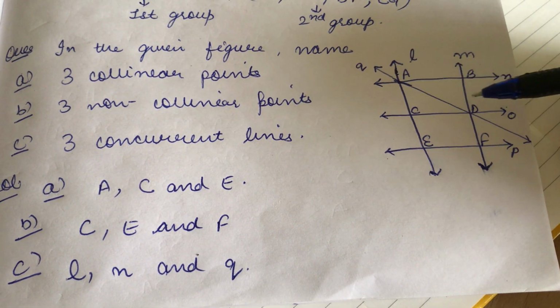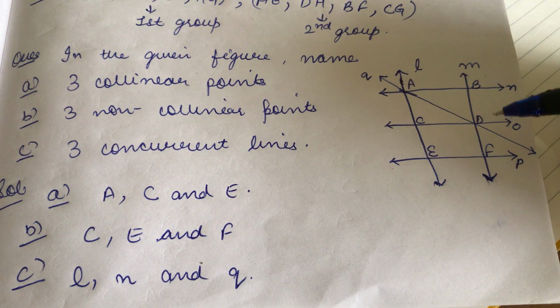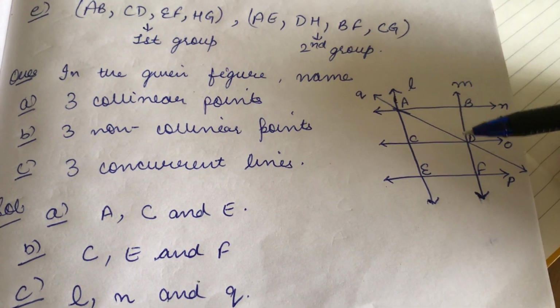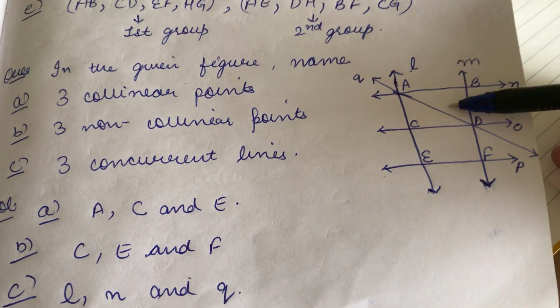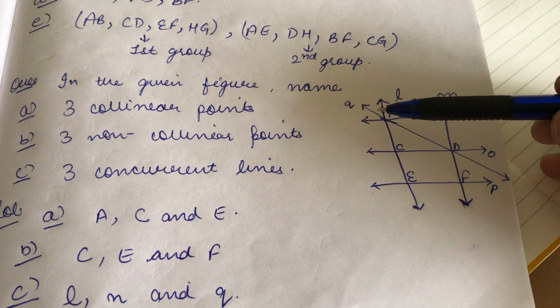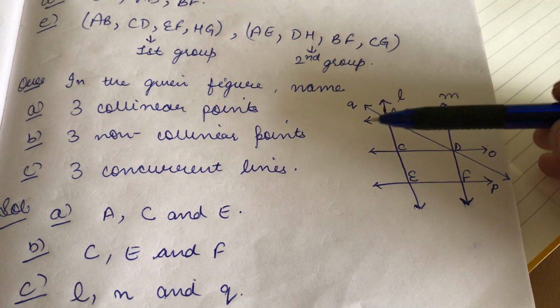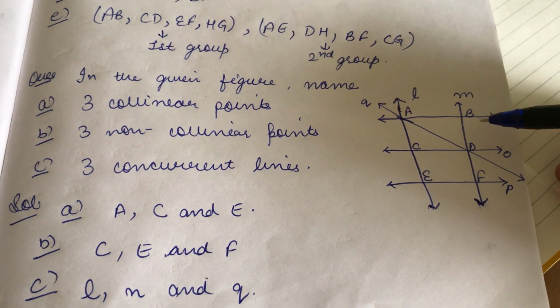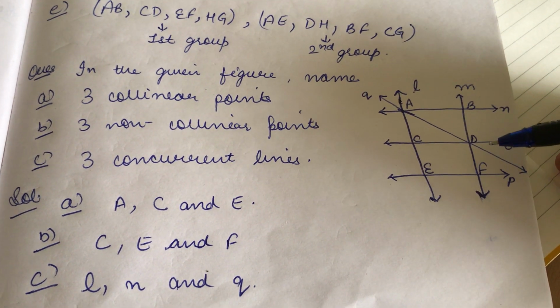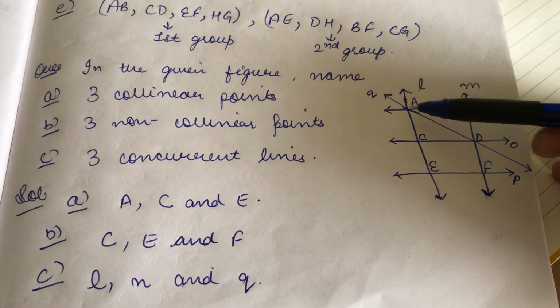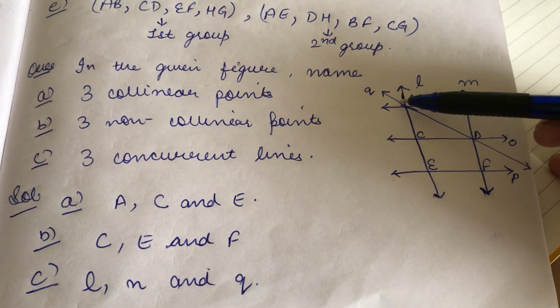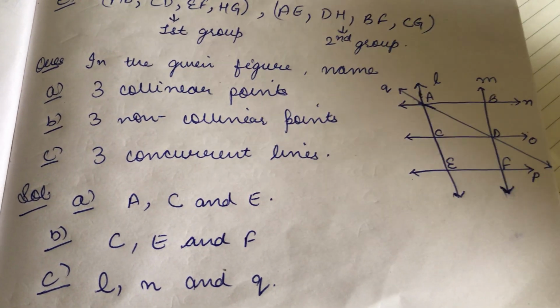Three concurrent lines: L, N and Q. The lines which lie in one plane and pass through one point are known as concurrent lines. So you can see L, N and Q pass through one common point A, hence they are concurrent lines.